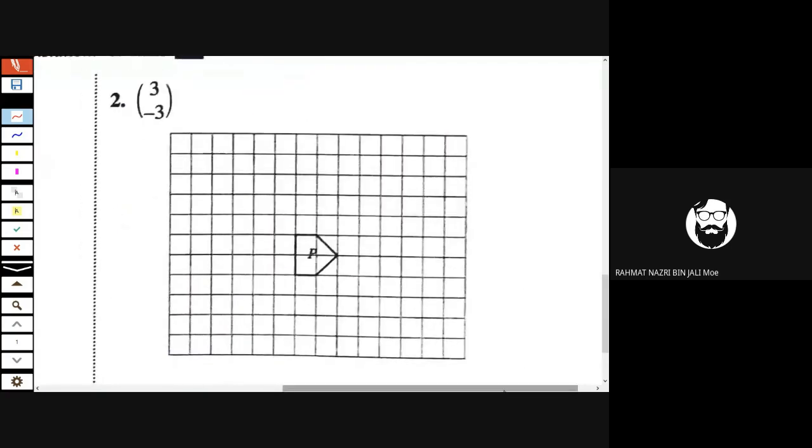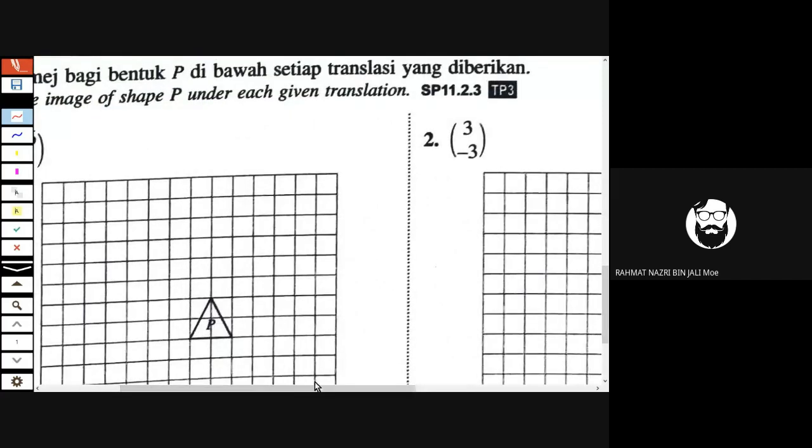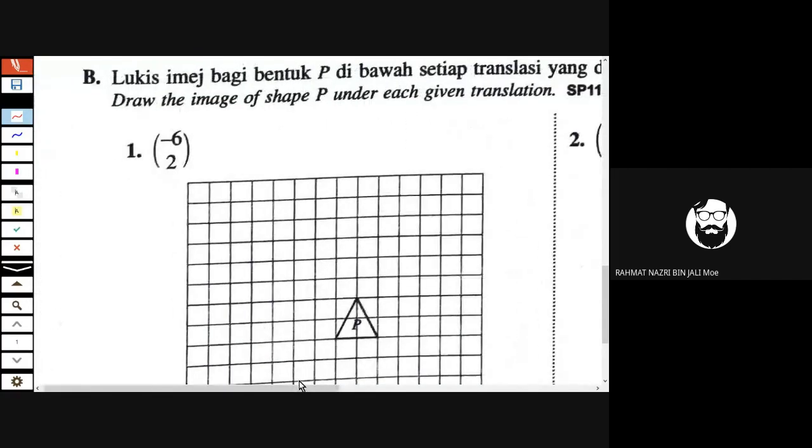Okay, seterusnya. Soalan B. Draw the image of shape P under each given translation. Negative 6. So negative means left, means the movement to the left.